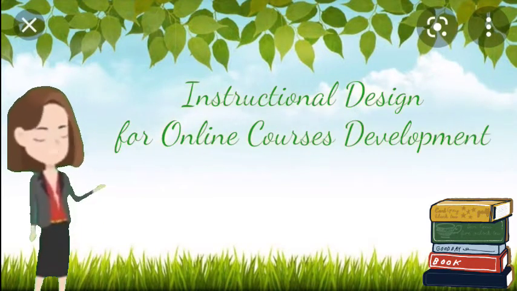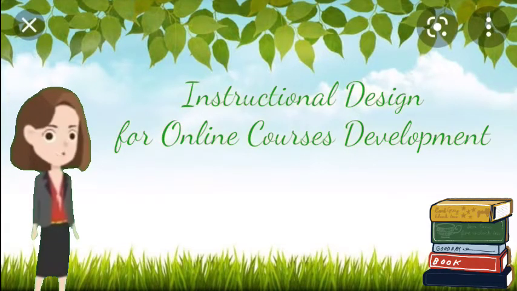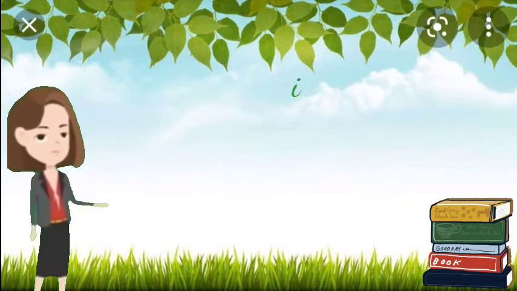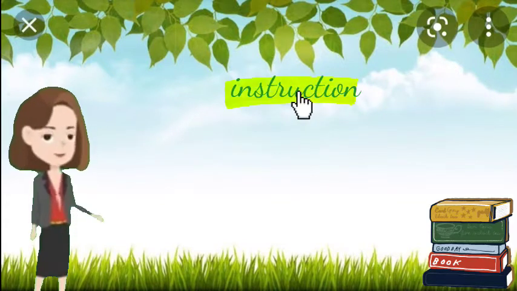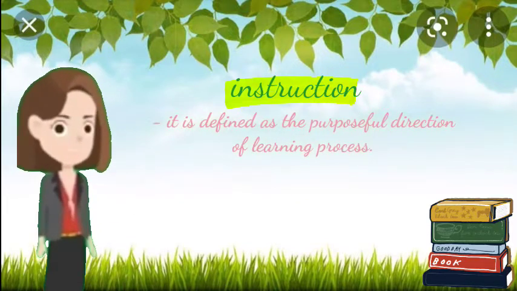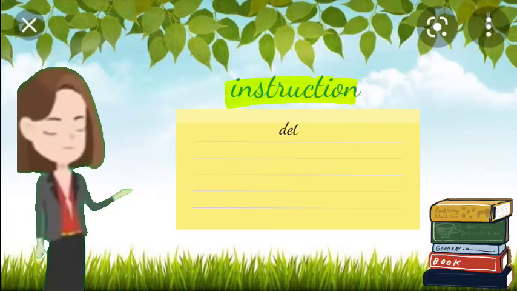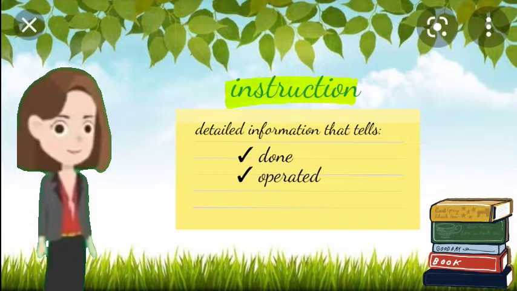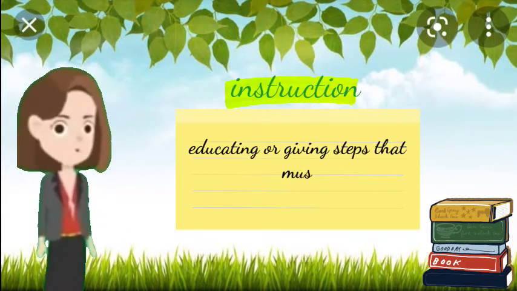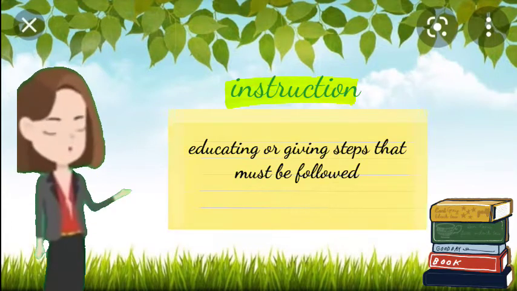But before we discuss what instructional design is, let us unlock these terms first and how they are related to the topic. The word instruction is defined as the purposeful direction of learning process. Also said as detailed information telling something should be done, operated, or assembled, or simply means educating or giving steps that must be followed.